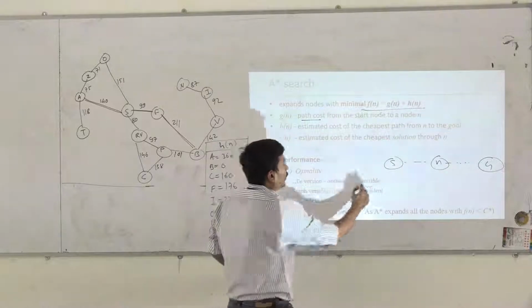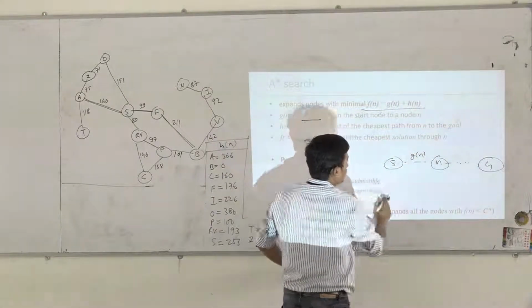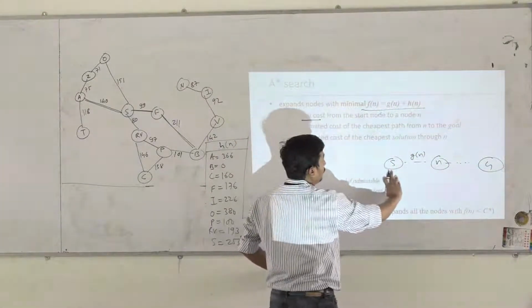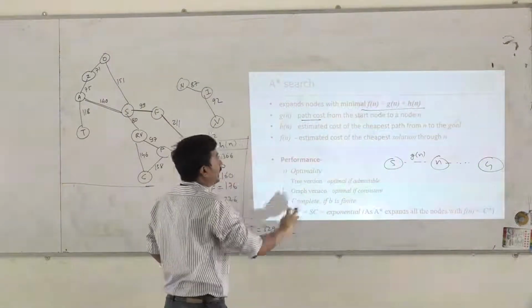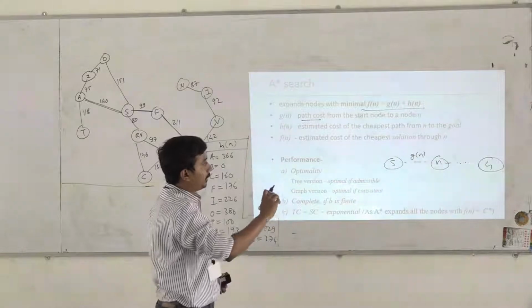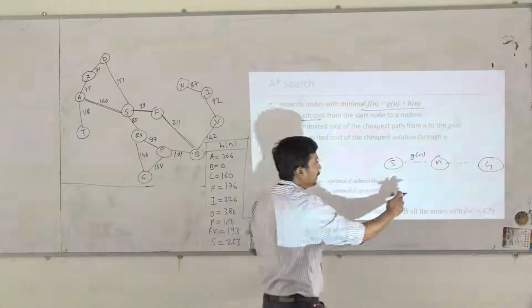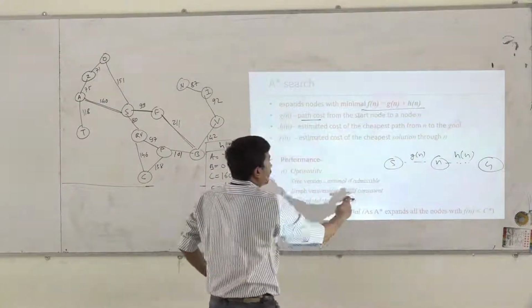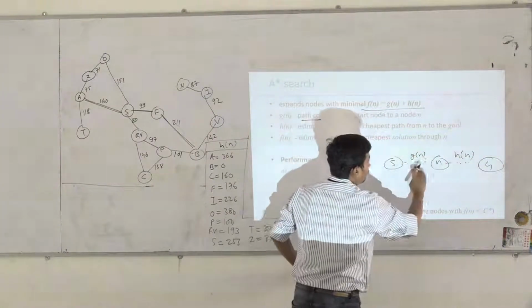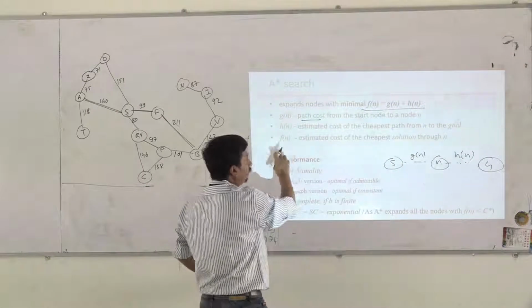So this is g of n, the path cost from the start node to a node n. Then h of n is the estimated cost of the cheapest path from n to the goal. So g of n plus h of n becomes our f of n, right?